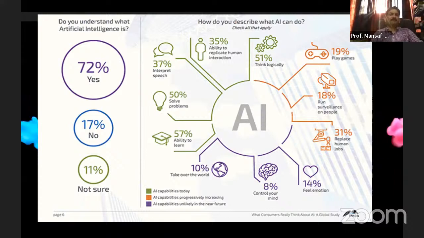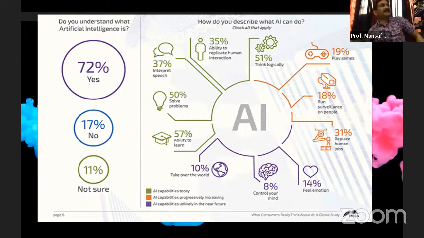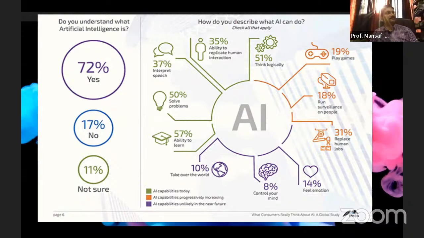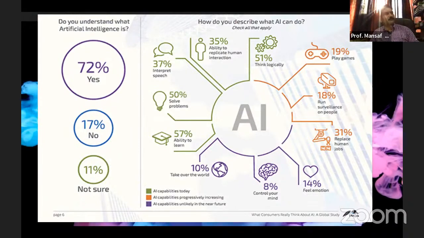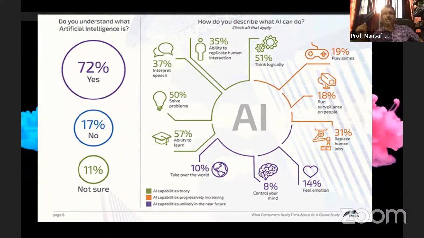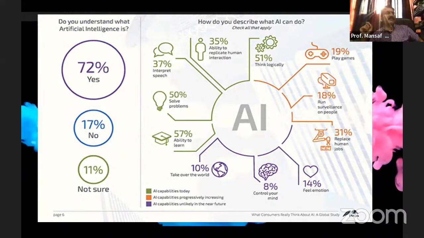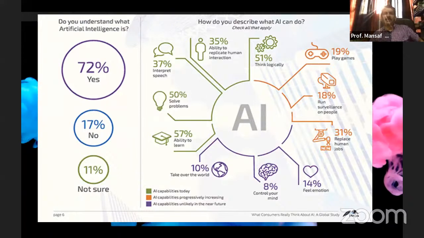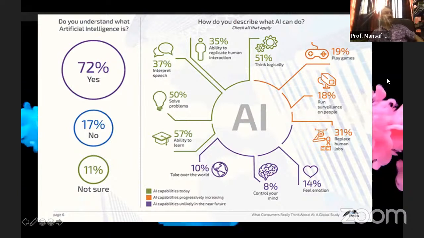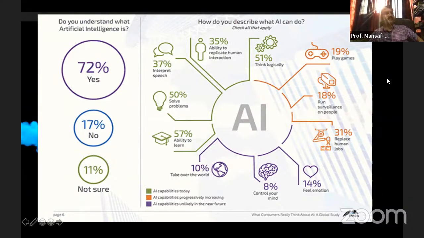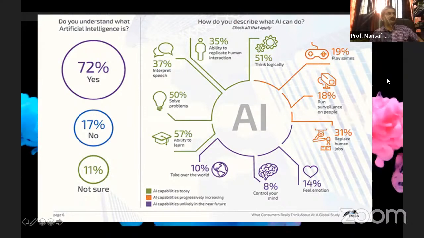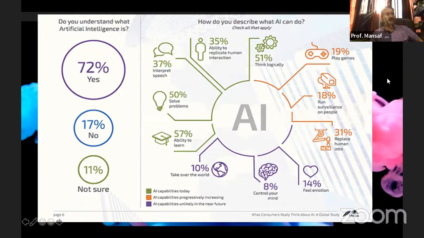And 51% of AI-based machines can think logically as you people are thinking. This is the existing status. Under development, 19% play games, 18% run surveillance on people, and 31% are going to replace jobs. Then think what will happen in the coming future.